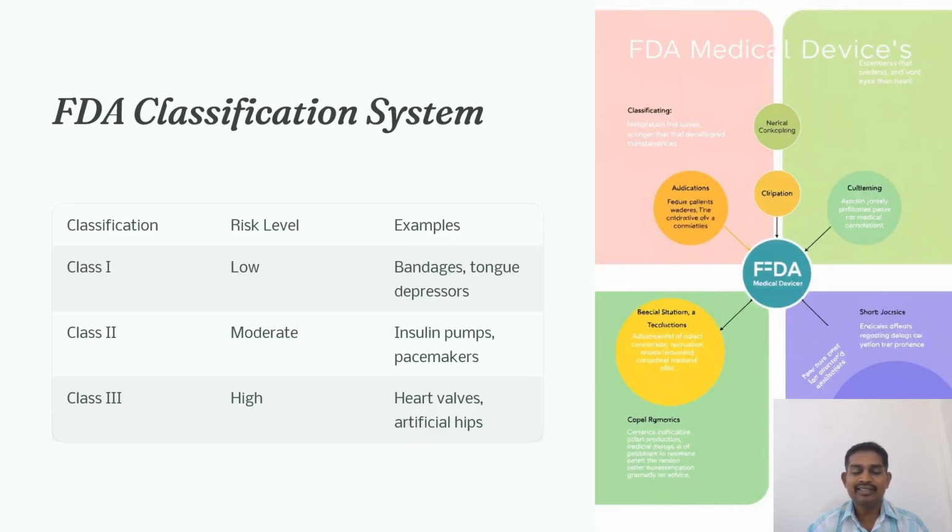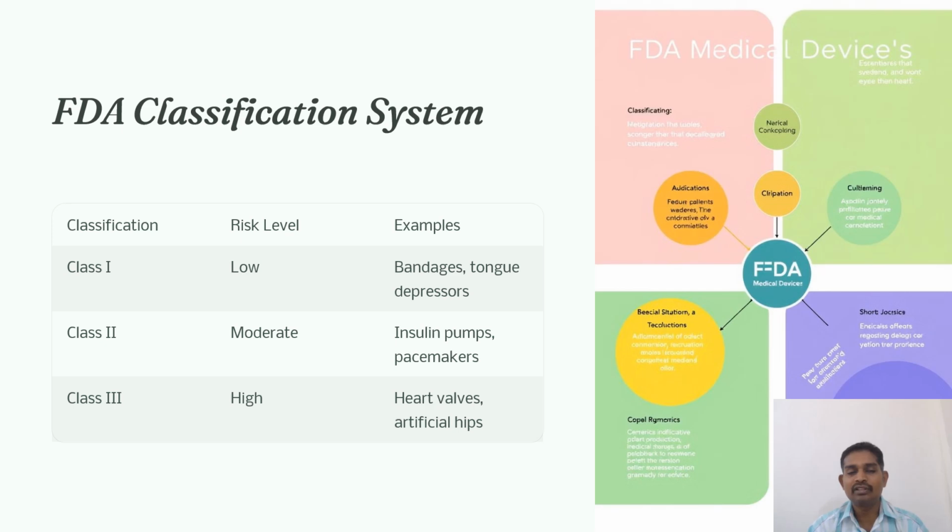Then based upon the risk levels, the US Food and Drug Administration has classified medical devices into three different classes. One is class 1, the other one is class 2, and the third category is class 3. Class 1 is low risk level, class 2 is moderate risk level, whereas class 3 is high risk level.